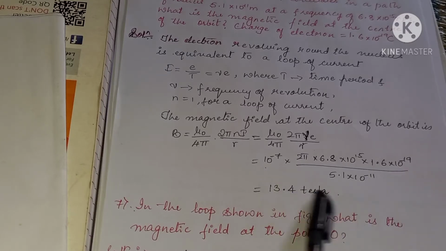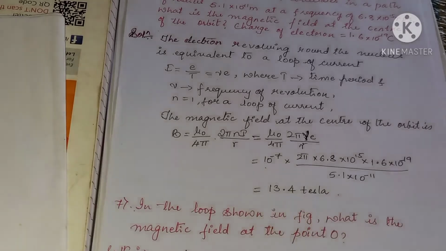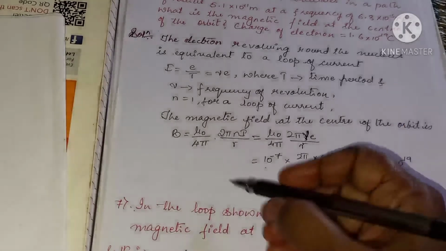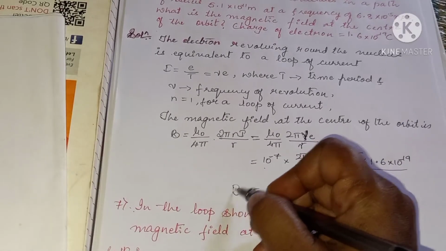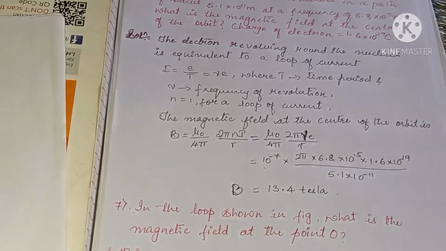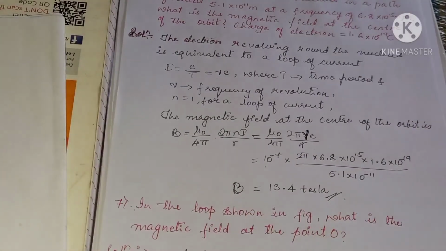When we calculate all this, we get B equals 13.4 Tesla. This is the answer. Just check and you can get the answer.